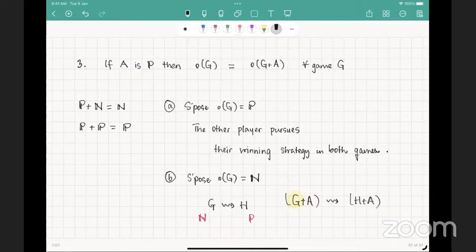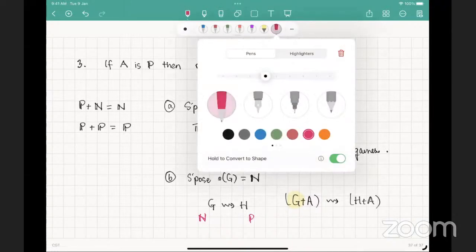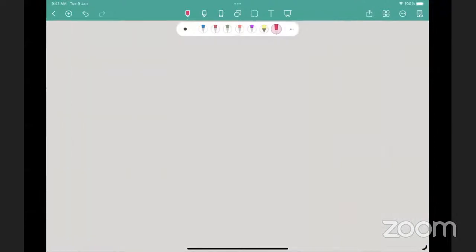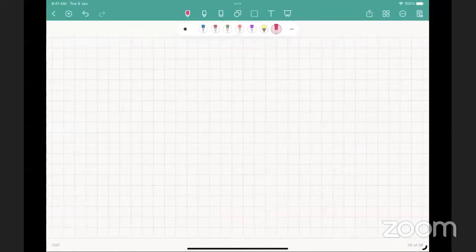So this game is a P plus P, but we've already established that P plus P games are P. So we know that the meta game has a P child and therefore must itself be an N. Okay, so I hope that these things are making sense so far.